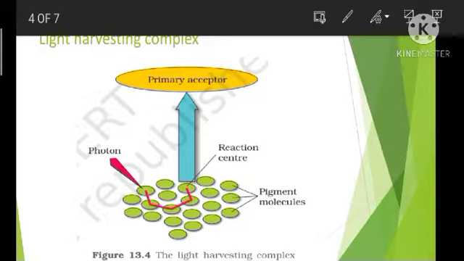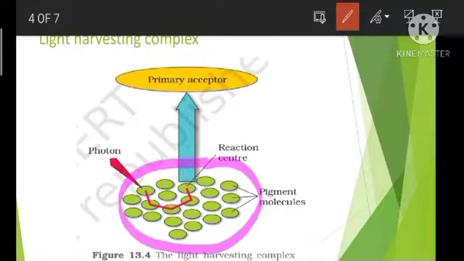Here you can see all these pigment molecules except a single chlorophyll A molecule together form the light harvesting system called antennae.